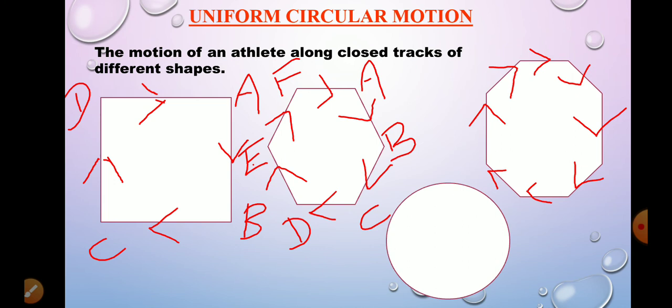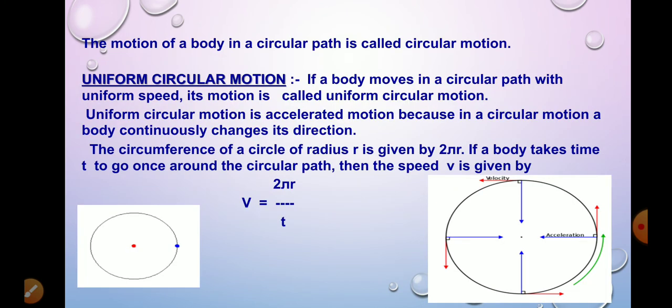Okay. So the motion of a body in a circular path is called circular motion. If a body moves in a circular path with uniform speed, its motion is called uniform circular motion.